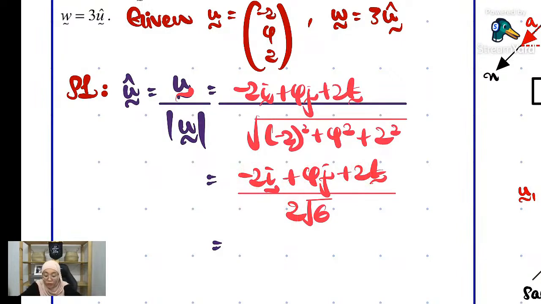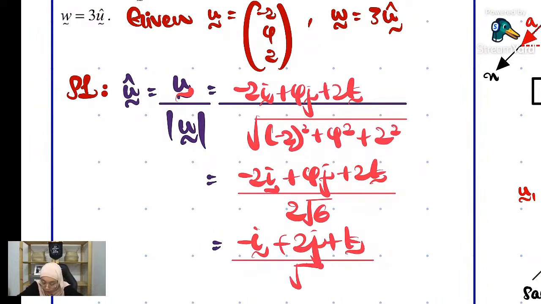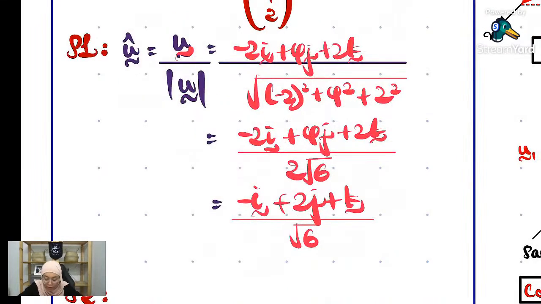We can divide it by 2 down there. And so we will get negative i plus 2j plus k over square root 6. Am I right? So you do it with me in the notes that I've given to you all, okay? So there we go. That is our u hat vector.